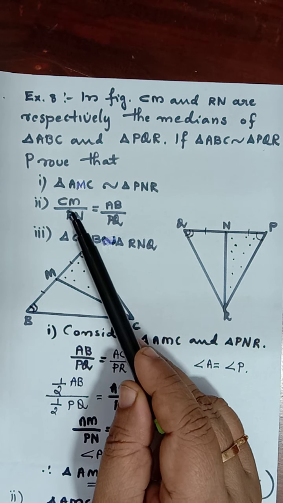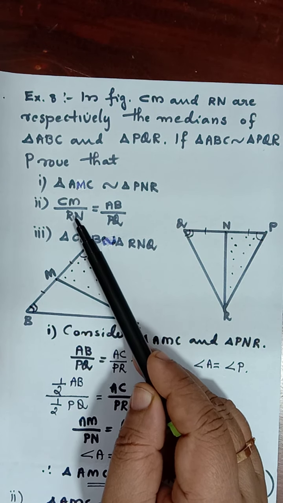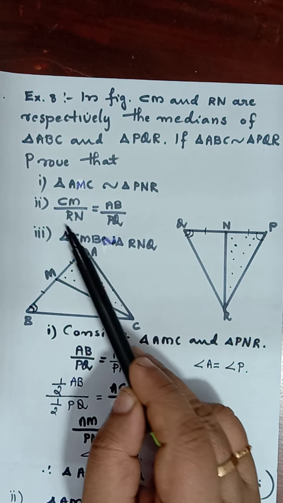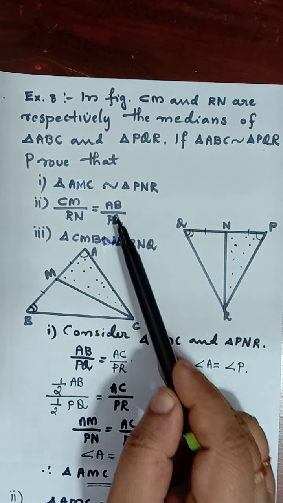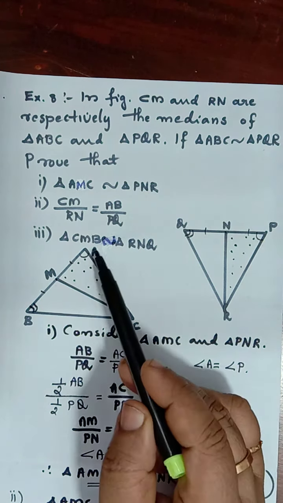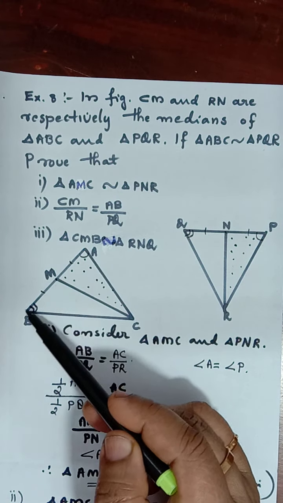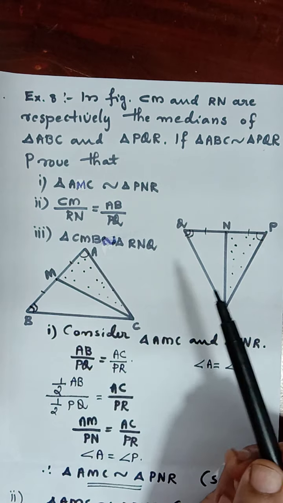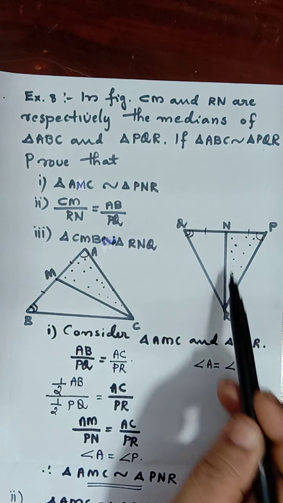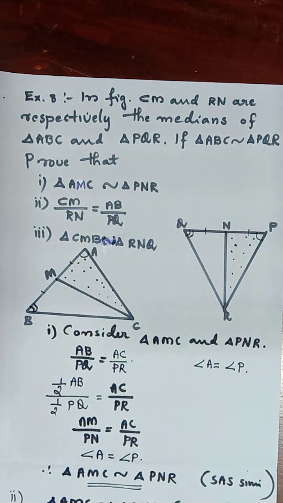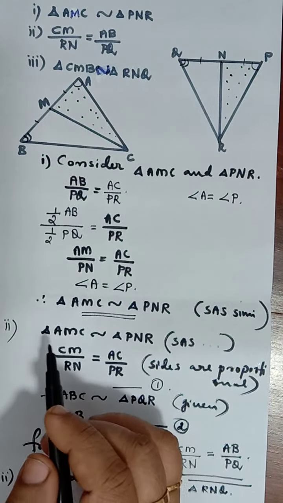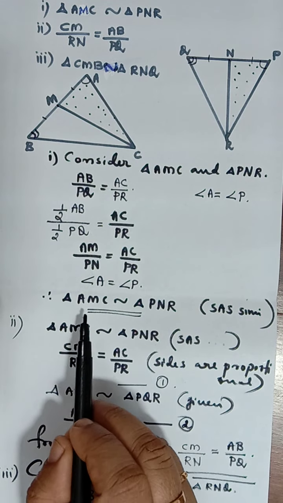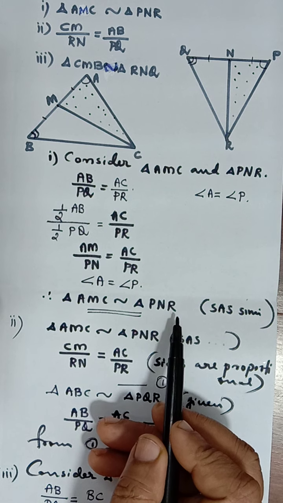Similarly, we have to see by which triangles the parts CM, RN, AB, PQ come. AB by PQ, it is very clear, it is the complete line. And CM and RN, how does it happen? We know that triangle AMC is similar to PNR, already found out.